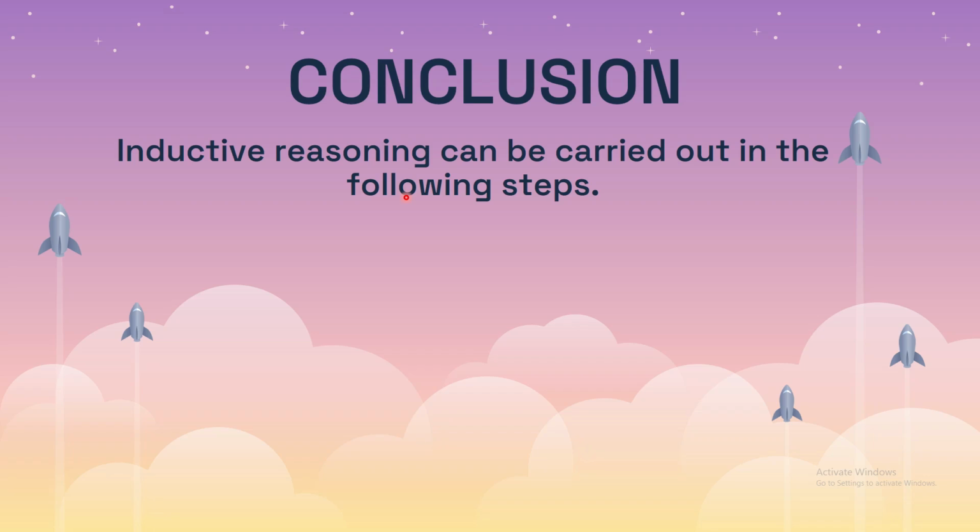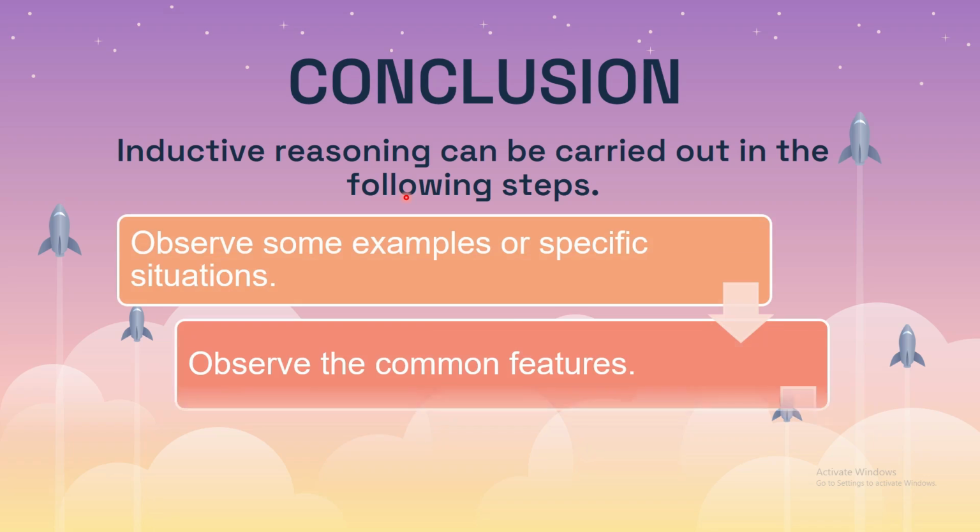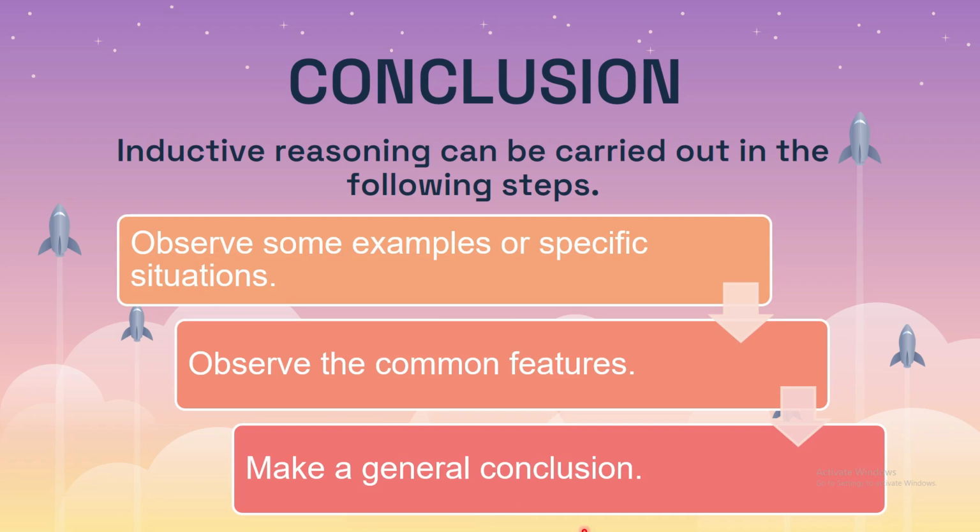Okay, this is the flow map. First, observe some examples or specific situations. Before we make the inductive conclusion, we observe the premises. We observe the example or the specific situation, and then the second step, we observe the common feature.